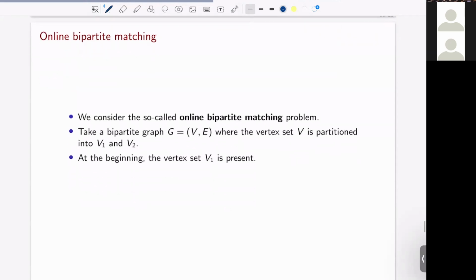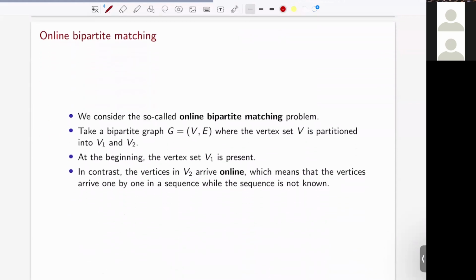So in the picture, I have this set V1, but for V2, maybe one vertex arrives, and another vertex arrives later on. When a vertex comes up, you have to make a decision for matching. And if you decide not to match this vertex from V2 to one of V1, you have to leave it at that point.